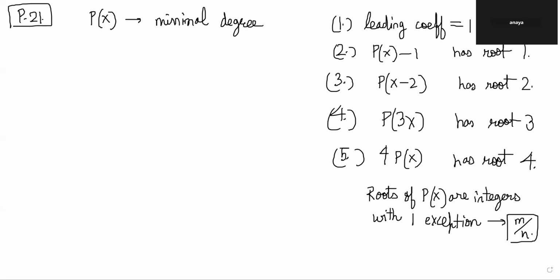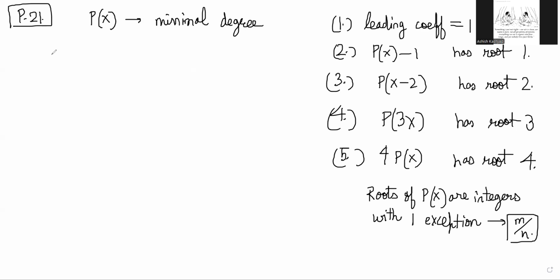So it's like you have a function p of x, and then p of x moved one down has a root of 1. P of x moved to the right 2 has a root of 2, and so on.